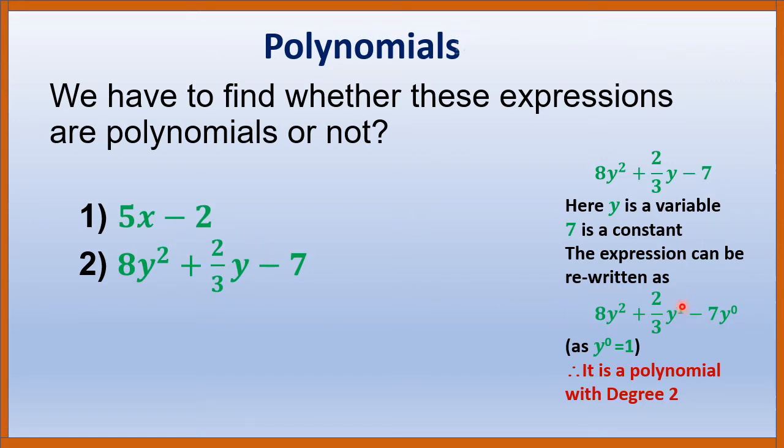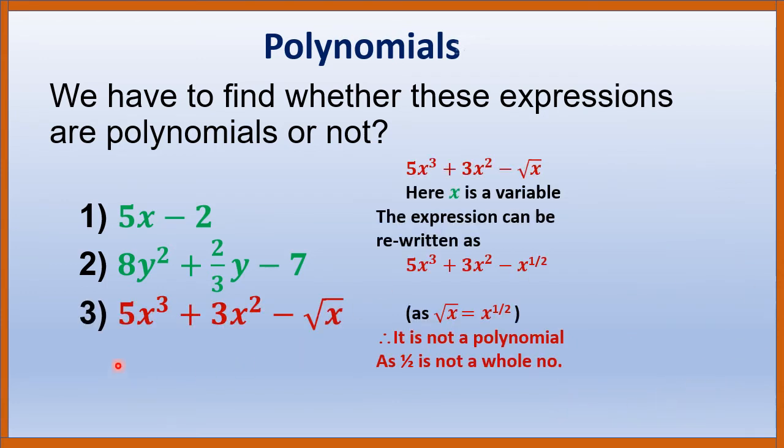Here 2 by 3 is the coefficient. No matter if the coefficient or constant is a fraction or negative or even a square root, we have to see the variable and its power. The power should be a whole number. Therefore, in this example, the powers of variables are whole numbers. Therefore, it is a polynomial.